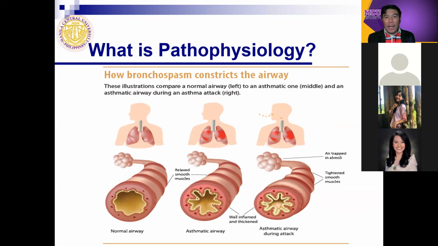Bronchospasm: a spasm causes constriction. So usually, in the illustration, this is the normal airway, this is the asthmatic airway, and this is the airway during an asthmatic attack.